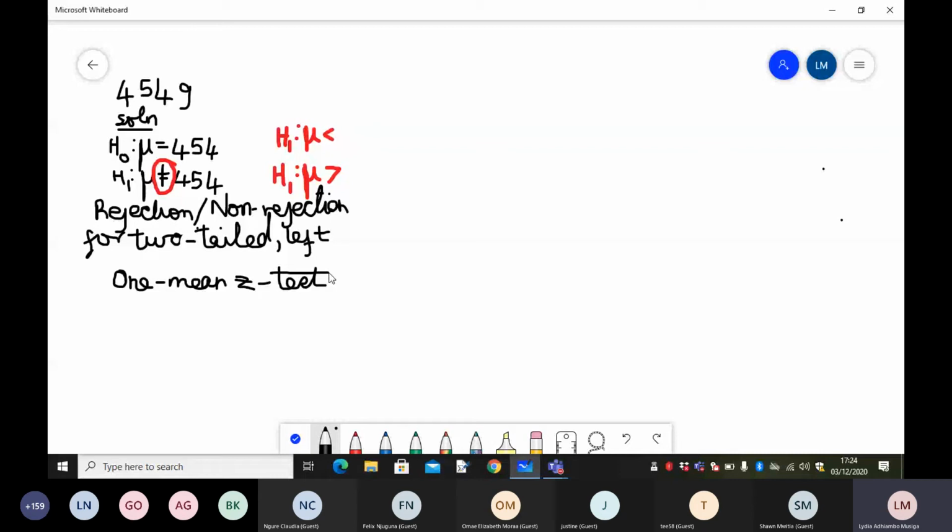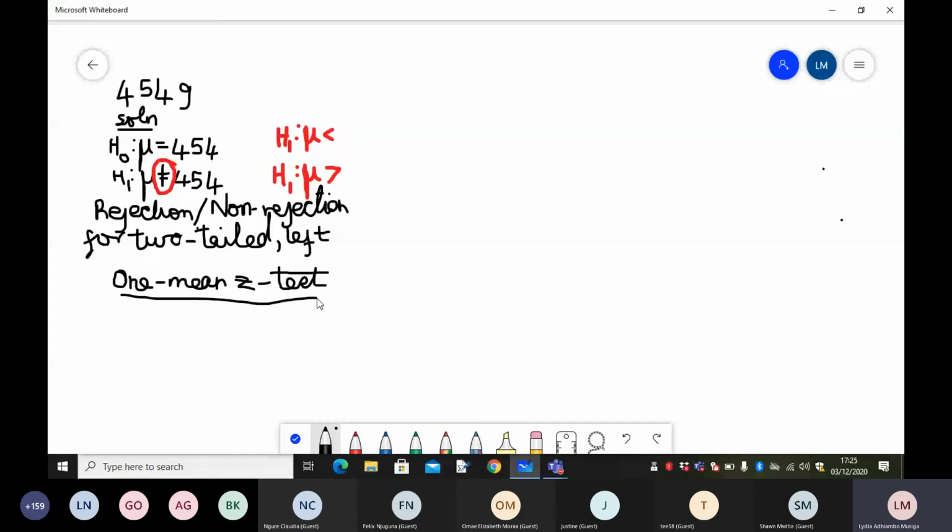The one mean Z test is used to perform a hypothesis test for a population mean mu when sigma is known.